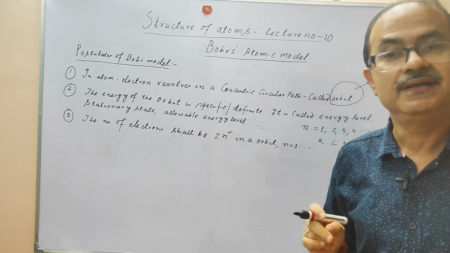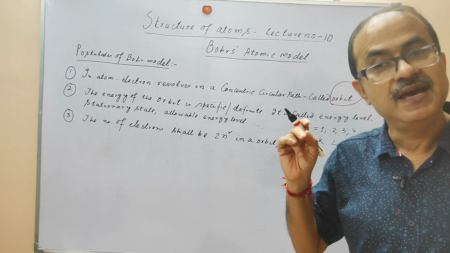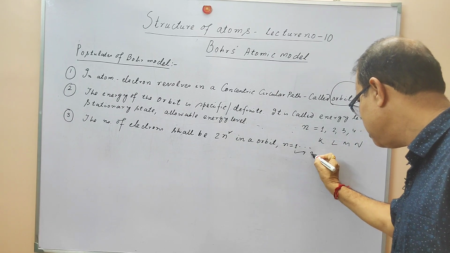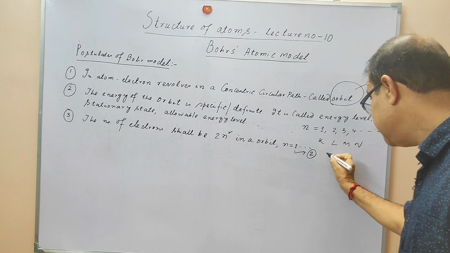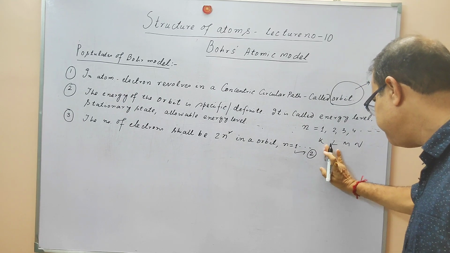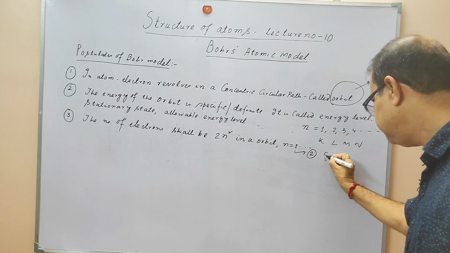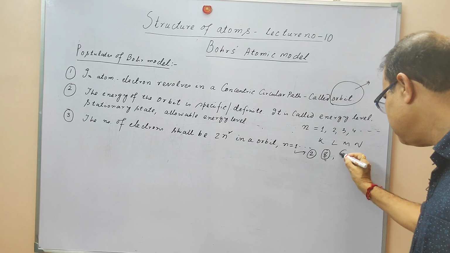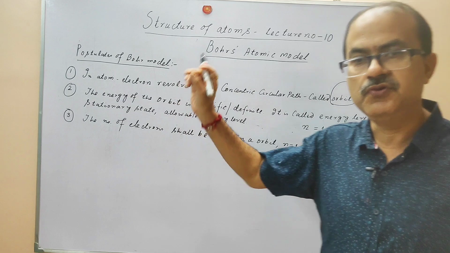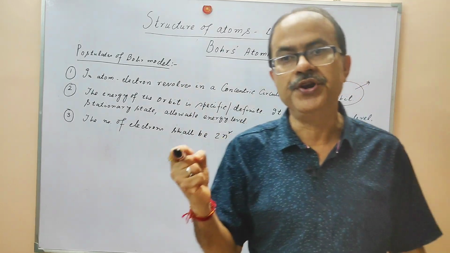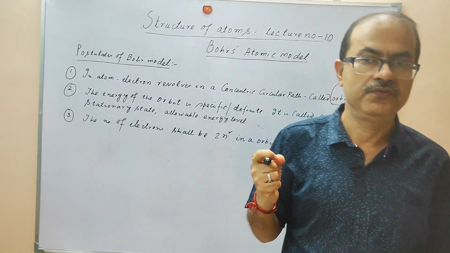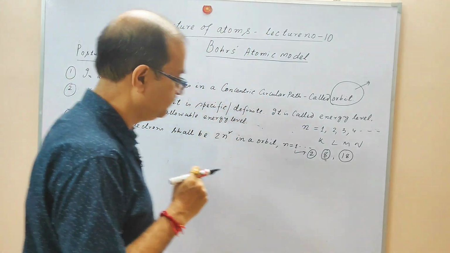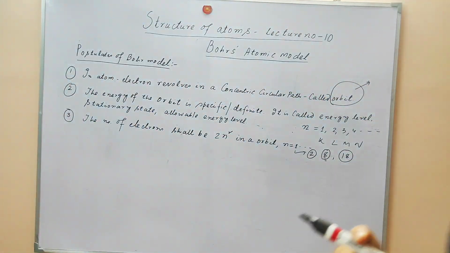Third, it will have 18 electrons, and like this it will go on accommodating electrons. Okay, this is the third postulate.